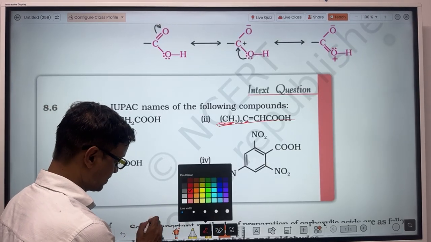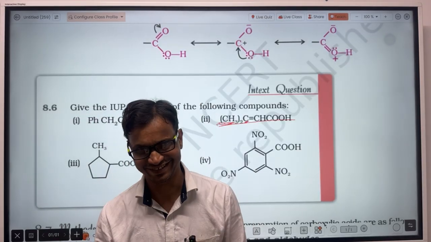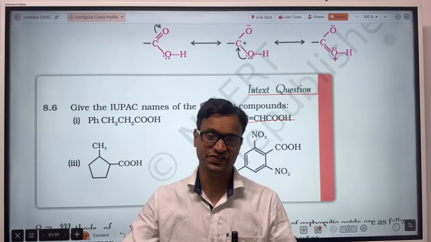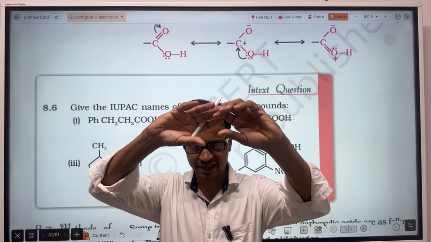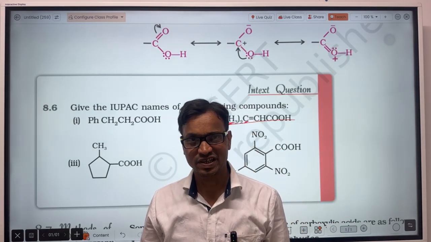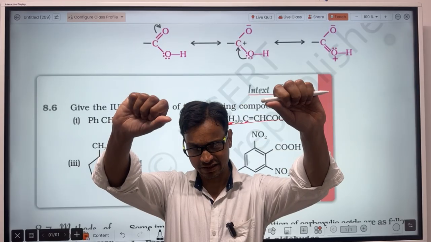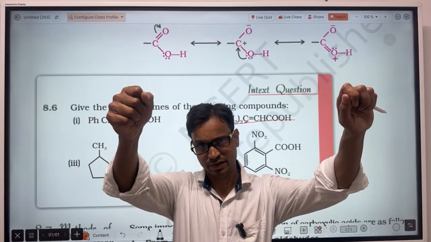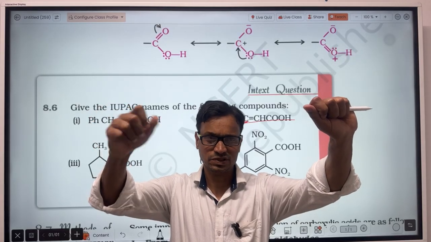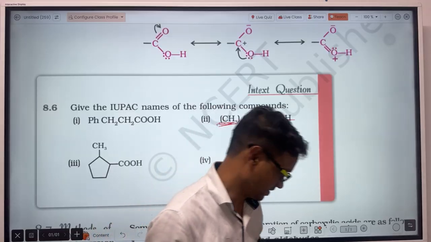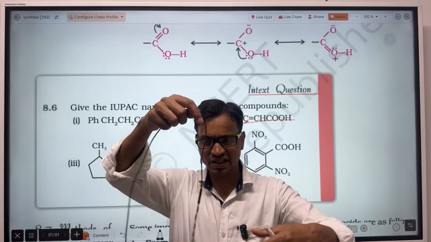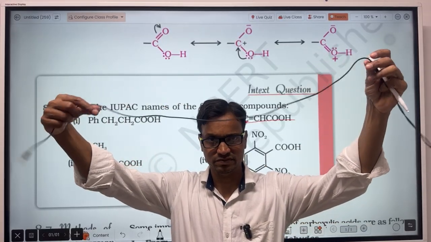And guys, a number of students make mistakes. That's why you take this one very carefully. If there is a bending of the chain, that means the carbon chain has been tilted to any side, that does not mean that it has not been included in the main chain. As for example, take a thread, bend it. When you have to consider the length of this string, suppose you have to find out the length of this earphone, kept like this.